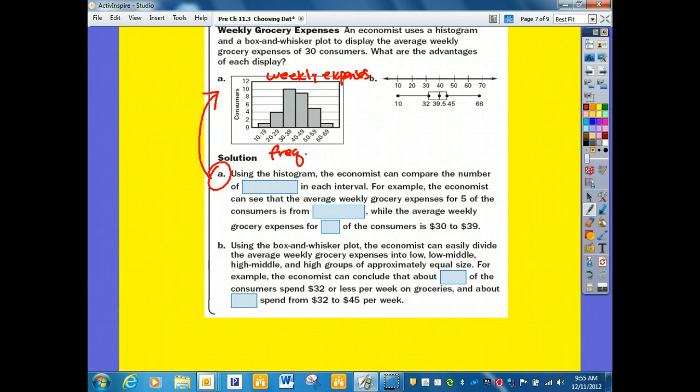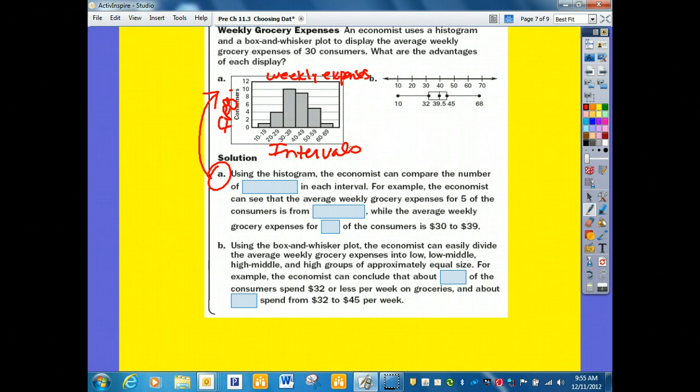What does it compare? What do the intervals compare? What are my intervals? Name them. Can compare the number of what in each interval? Oh, I wrote that backwards, you guys. Didn't even catch me. I didn't even do it on purpose. Frequencies go here. Thank you. Frequencies are intervals here.